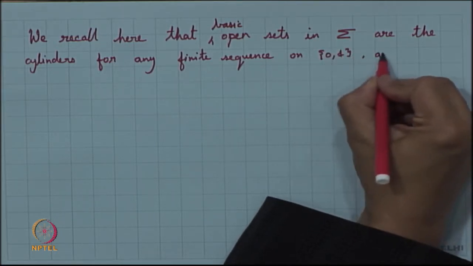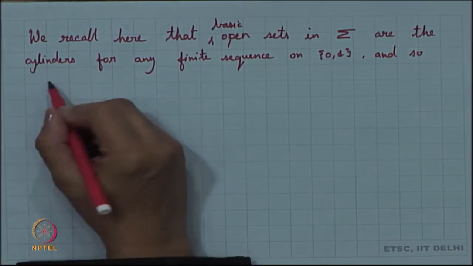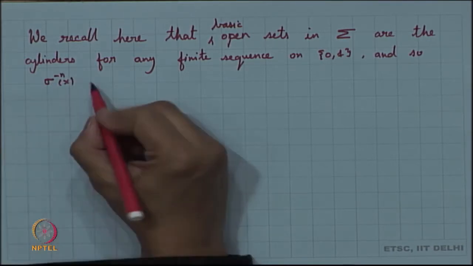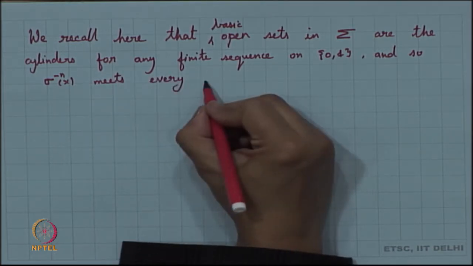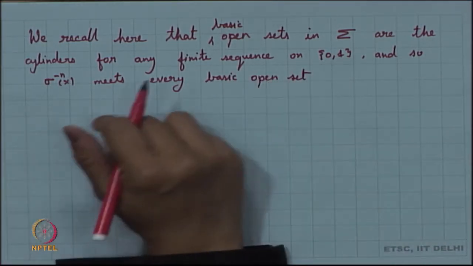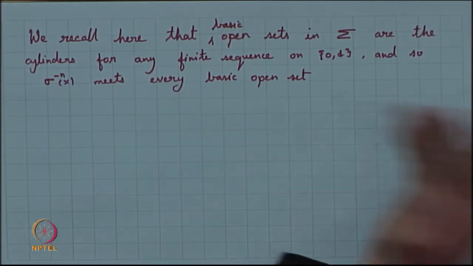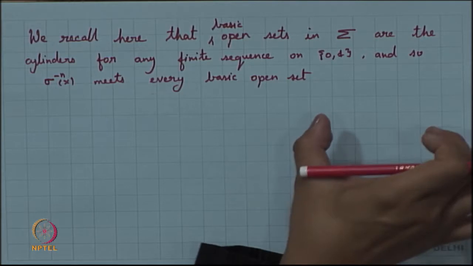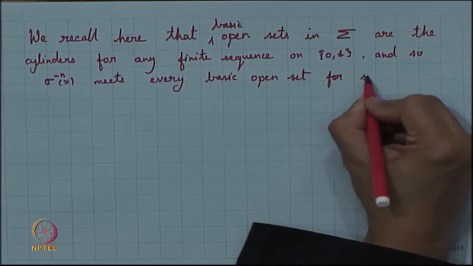And so, what we get here is that sigma minus n of x will meet every basic open set for some n in N, depending on the length of the word, the finite sequence that we are taking.